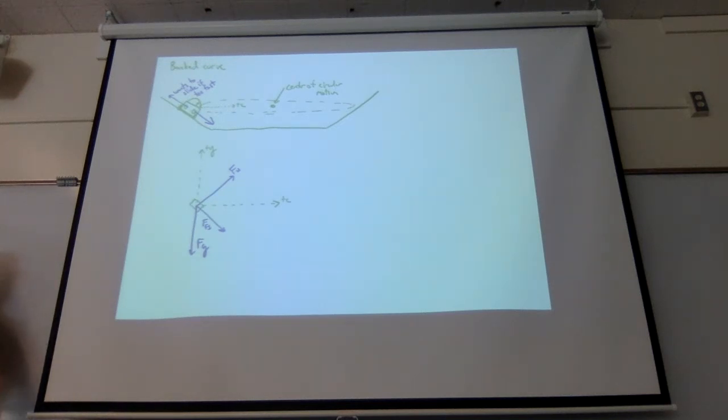Agreed? If it's just sitting there on a slope, it's only friction that's keeping it from sliding straight down the slope. But if I'm driving in a circle and driving too fast, I don't have a tendency to get closer to the center of the circle. I have a tendency to leave the circle by going straight. If we look at this again top down, the circle's like this, and we're driving around this way.